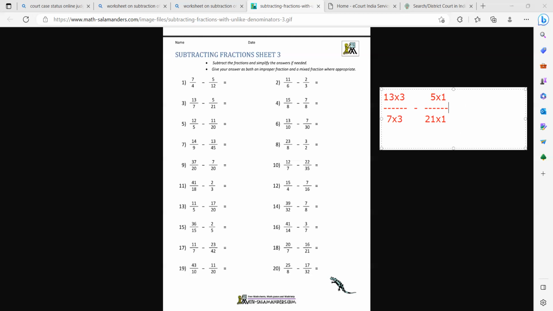13 into 3 is 39. Then we have 7 into 3 is 21. Then again we have 5 into 1 as 5. 5 into 1 is 5. 21 into 1 is 21.